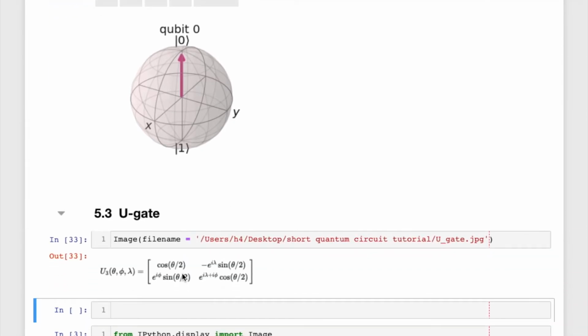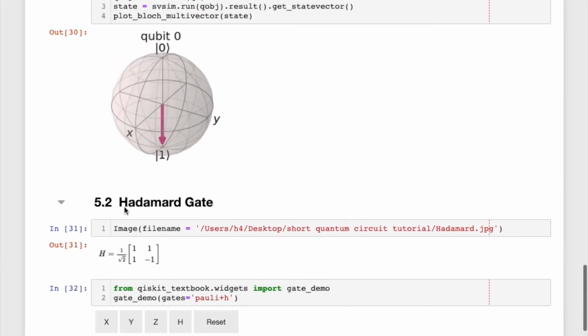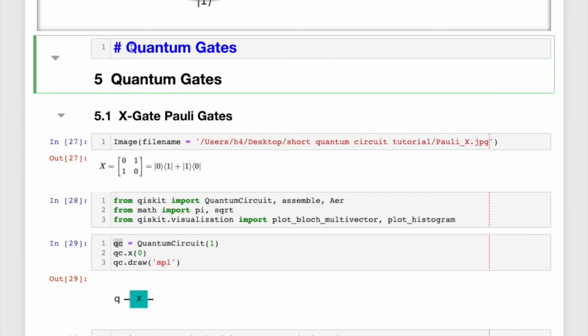The intuition behind it is this math. With the U gate, we can change all these theta, phi, and lambda parameters, and then we can achieve any rotation that we want. These are single qubit quantum gates.